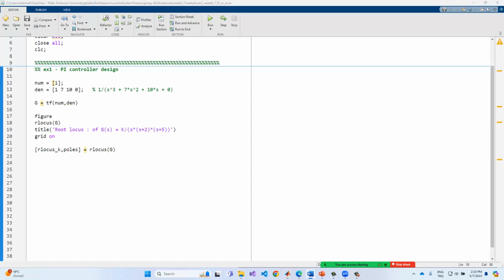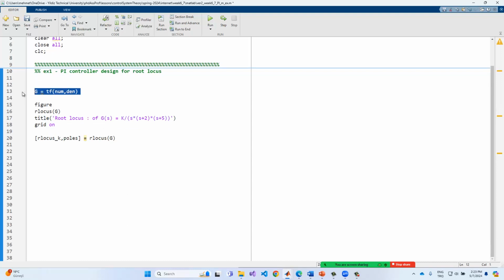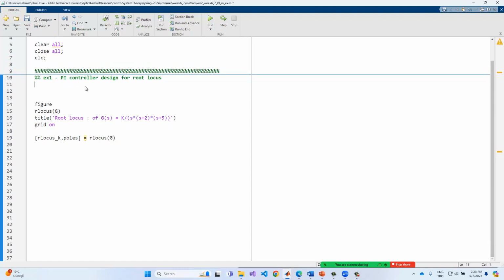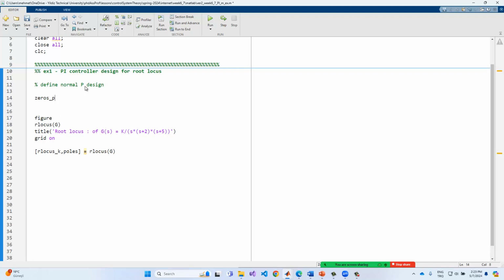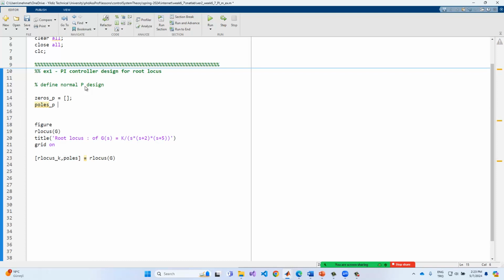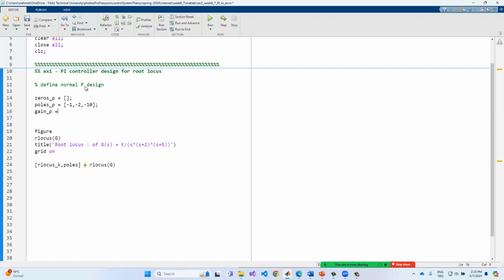But for root locus, in order to understand how we can change the PI controller, first of all we define the normal proportional controller. Zeros P is equal to this one, and poles P, for example, -1, -2, and -10. We have these roots at the poles, and gain P can be assigned as 1.